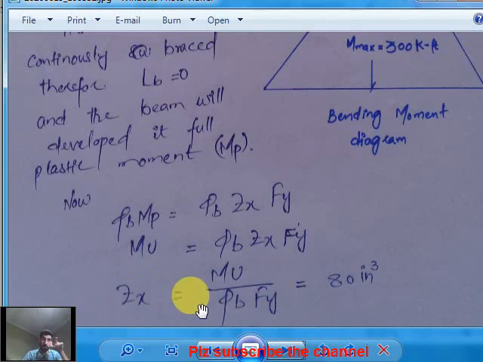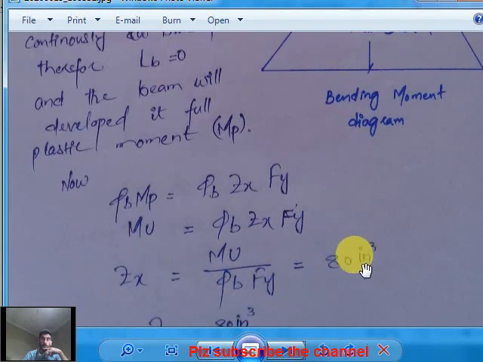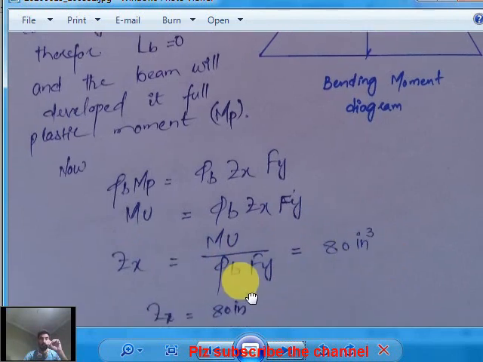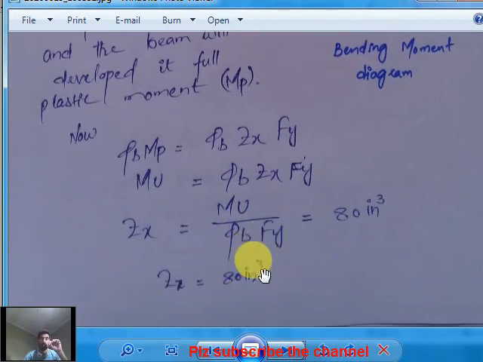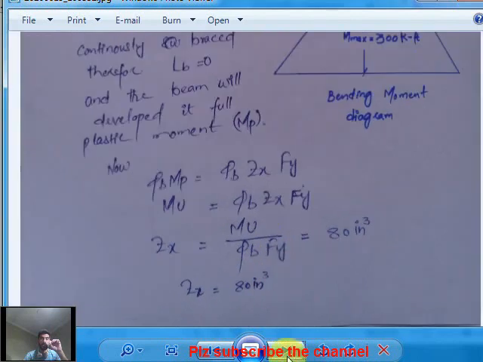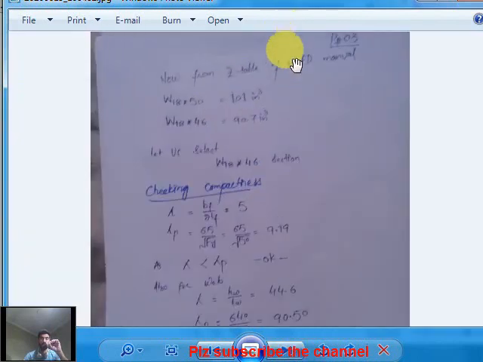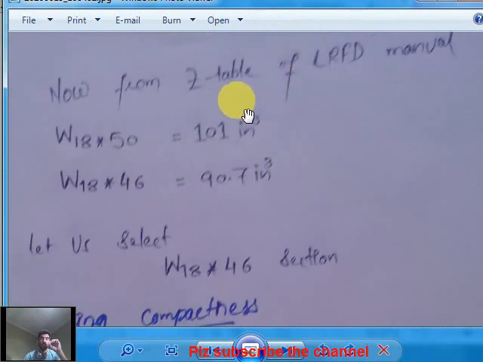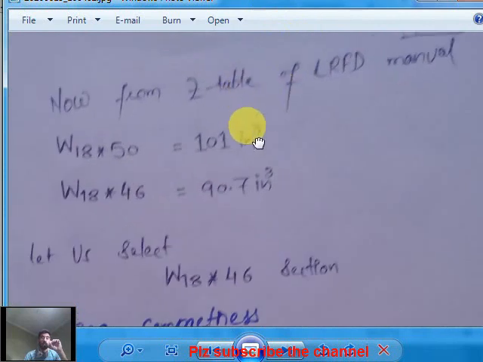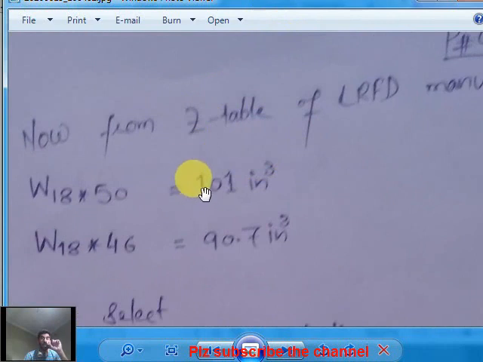Now we have to choose a section which has a Zx larger than or equal to 80, but select a section with a little bit greater Zx. Zx is 80 cubic inch, so you need to go to the table and find a section having Zx greater than or equal to 80.